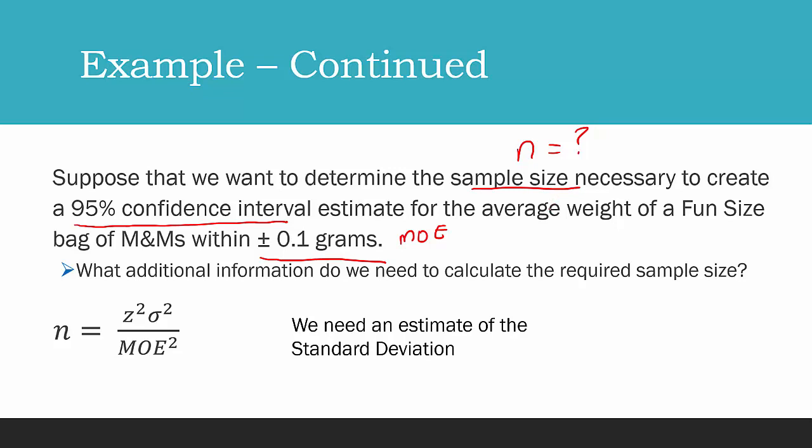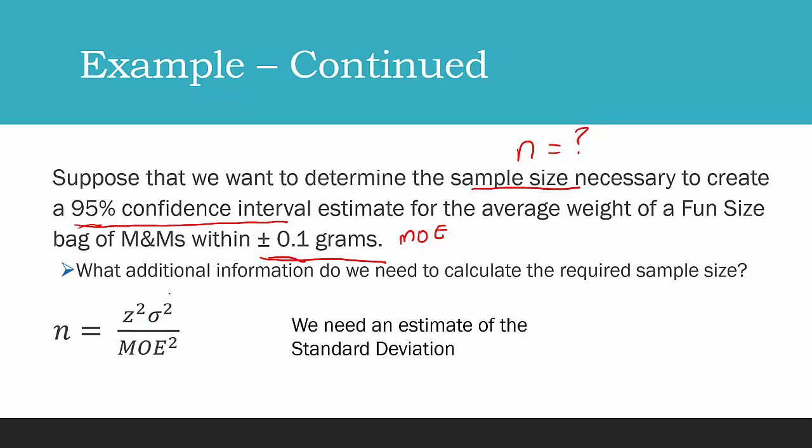The formula to calculate the sample size necessary to meet our confidence goal and our margin of error goal is N equals Z squared, which is our critical value squared, times the standard deviation of our data squared, and then MOE gets squared on the bottom. So Z squared times standard deviation squared, divided by MOE squared.